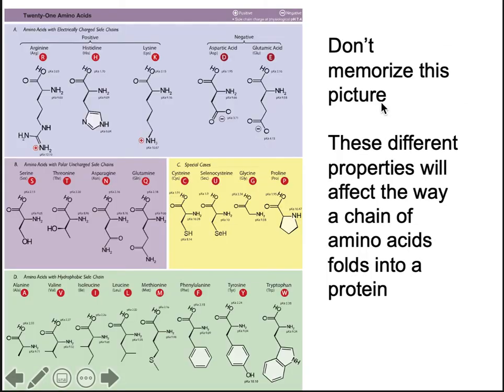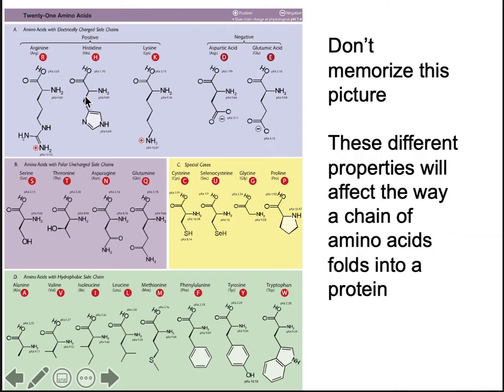Okay, so I keep telling you that the amino acids differ by these functional groups, and so here you can see what that looks like. I also told you that depending on the functional group, it's going to give different types of properties to the amine group. So we see here amino acids with electrically charged side chains.